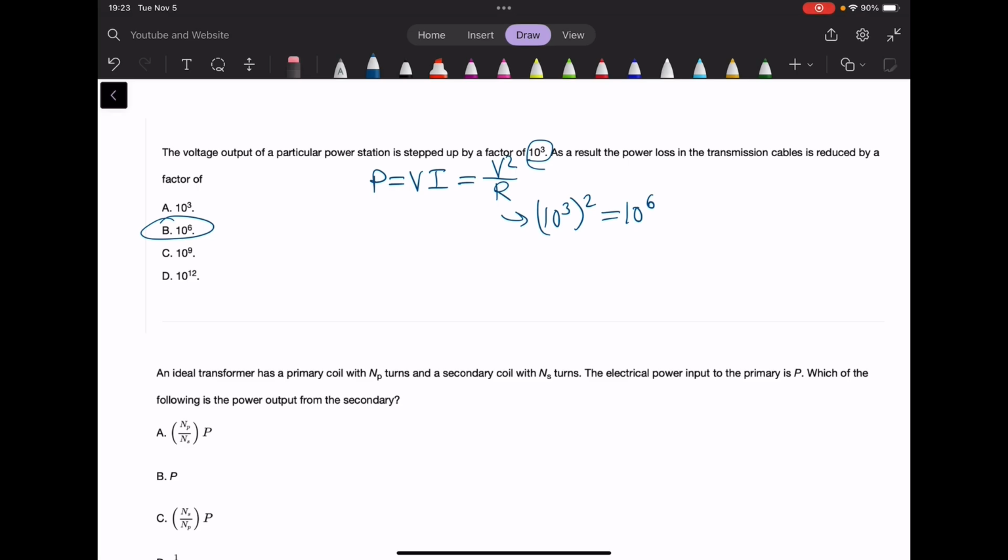The reason why we don't use V multiplied by I here is because we are not sure how current will be changing when the voltage is being stepped up by a factor of 1000. But when we use V squared over R, we know that resistance is going to be a fixed value.